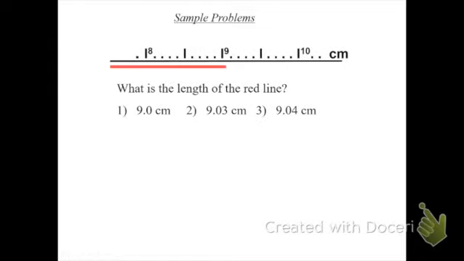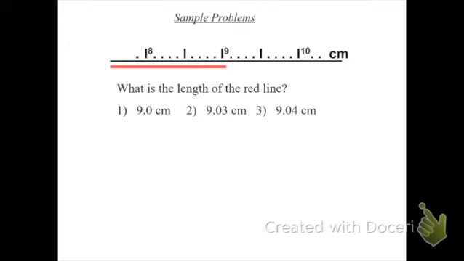Okay, how about this example? Which one do you think is the correct answer? The little dots are 0.1, so they go by 0.1, 0.2, 0.3, and so forth.